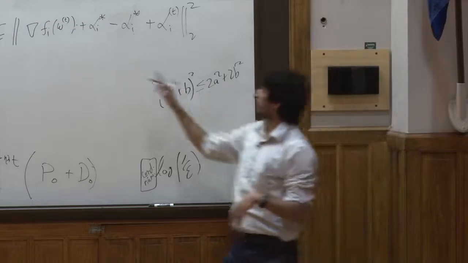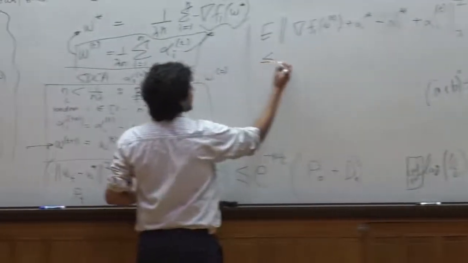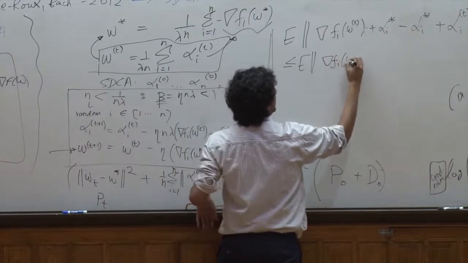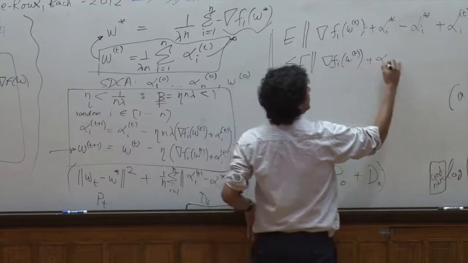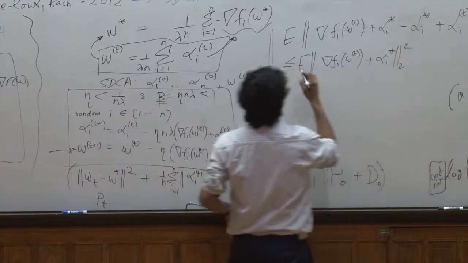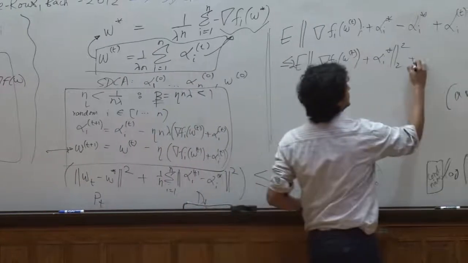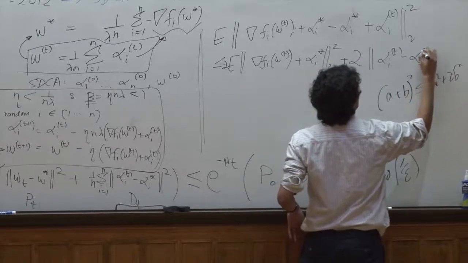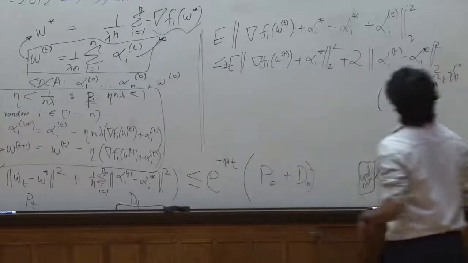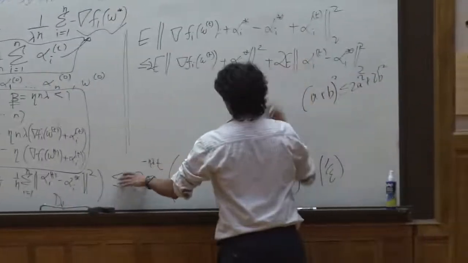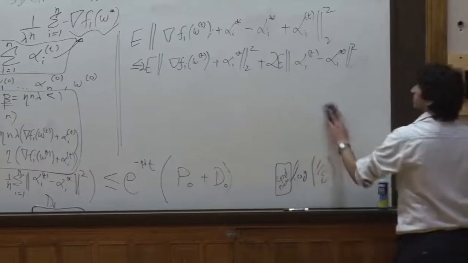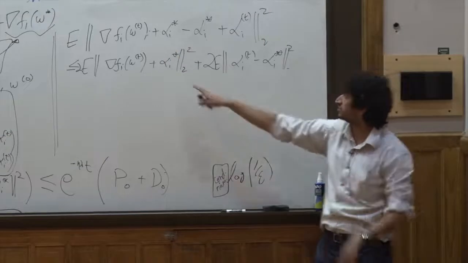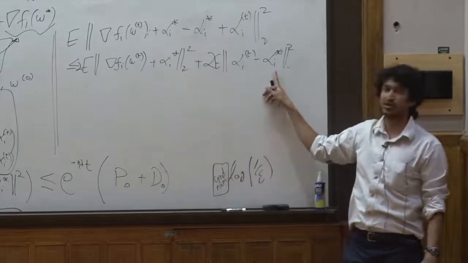So I'm going to bound this by the expected value of twice the gradient of Fi at Wt plus alpha I star squared, plus twice alpha It minus alpha I star squared, with an expected value here also. All I did was split these terms into 2 parts. The first part has the first 2 terms and the second part has the second 2 terms.